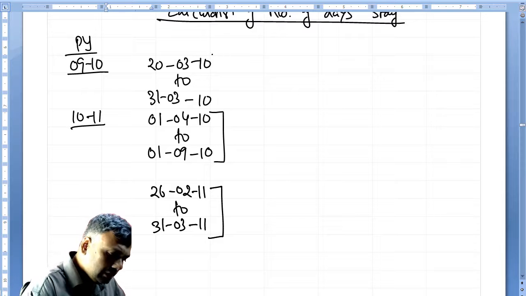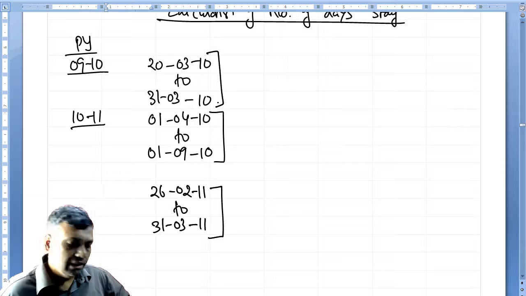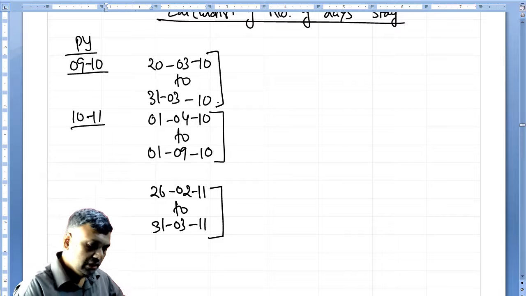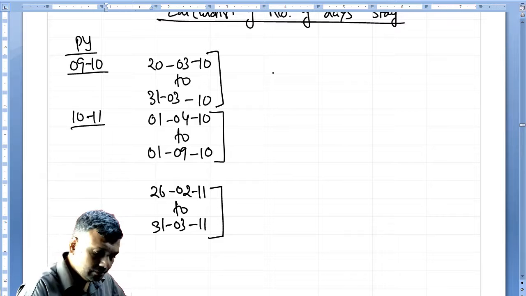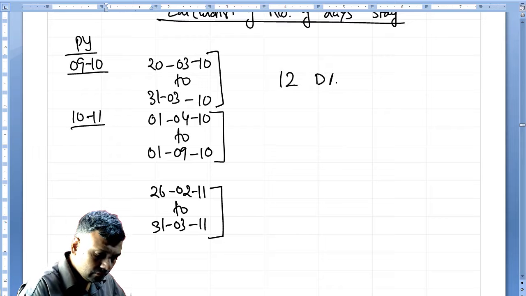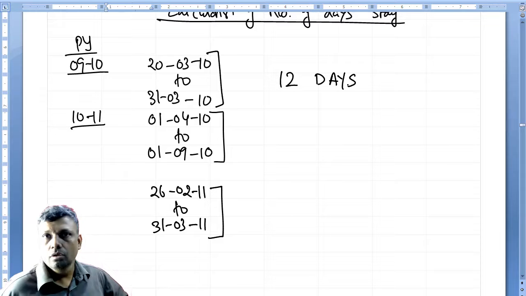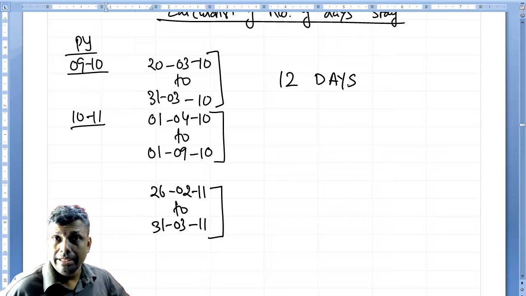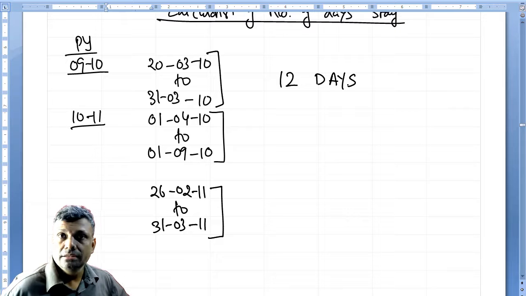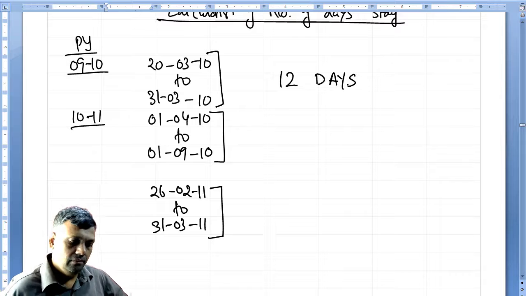So, firstly, previous year 9-10, he has got 12 days stay in India. So, 20th of March, that is already included. Okay. So, March is 31 days.